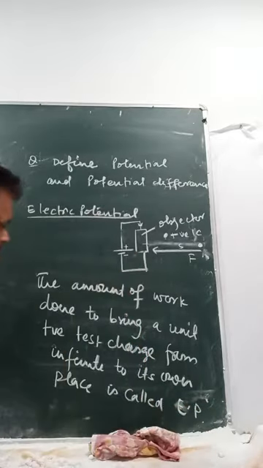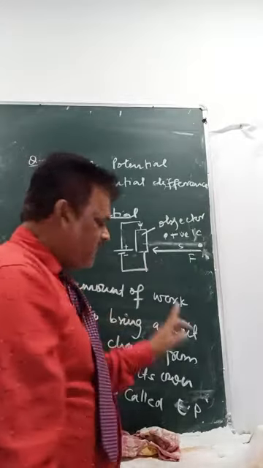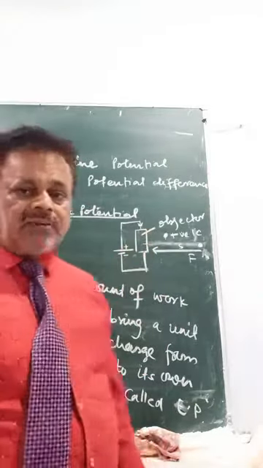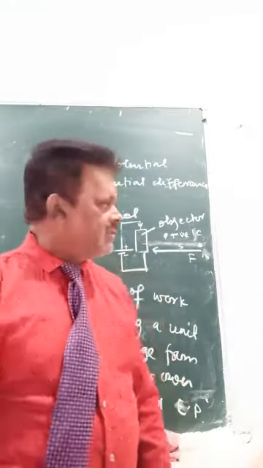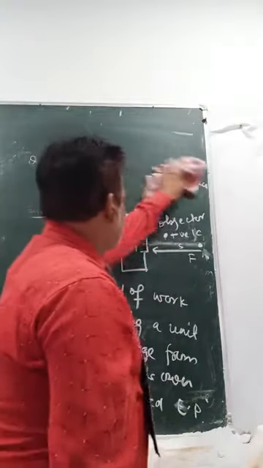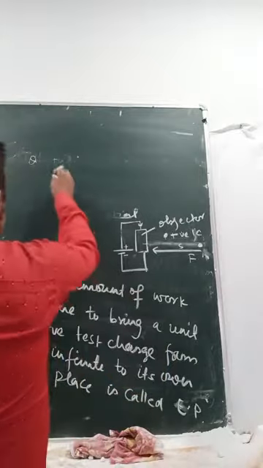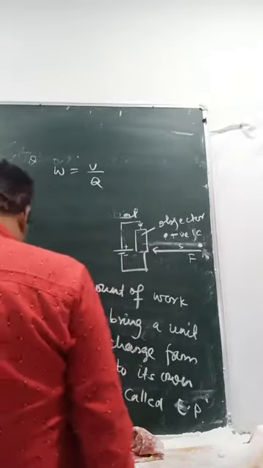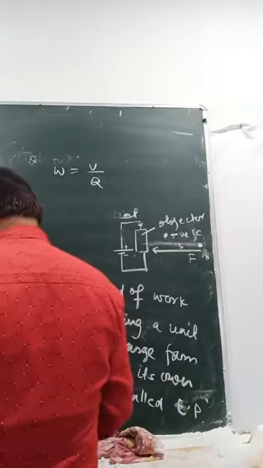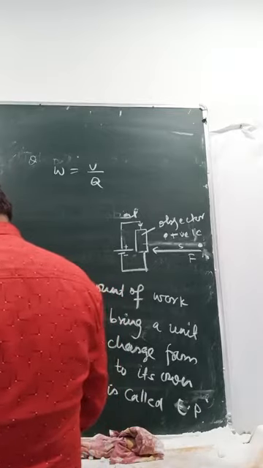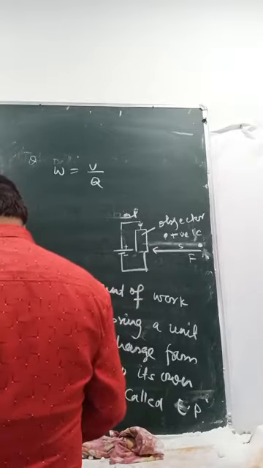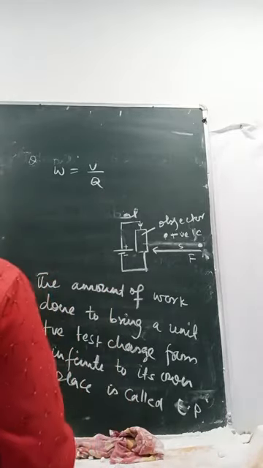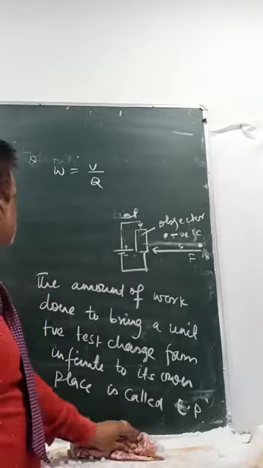EP, electric potential. You are doing some work, giving some energy, and that energy is stored in the form of volt. The potential energy is given to the charge.